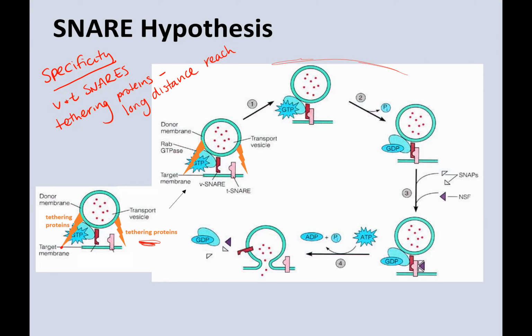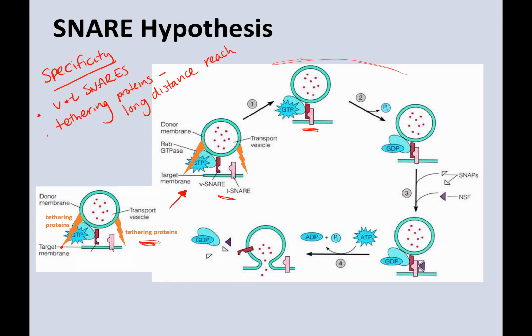Once you catch that ball, you bring it in closer. Okay, and so that's what's happening here. The tethering proteins are grabbing that vesicle. They are recognizing something specific. They are bringing it down so that eventually the V-SNARE and T-SNAREs can interact.